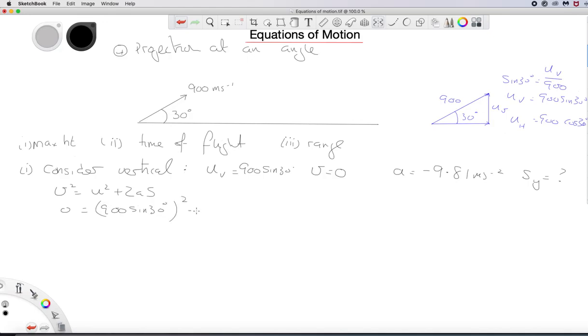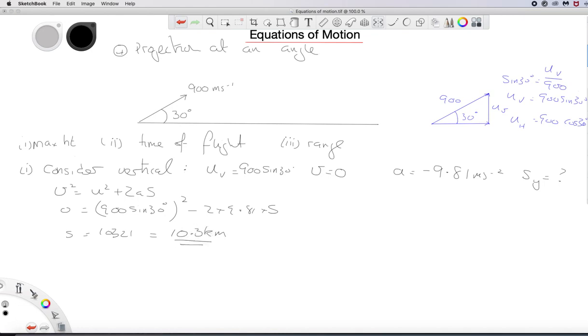Squared minus 2 by 9.81 times S. So we end up taking this over here, it becomes negative, divided by minus 2 times 9.81, and we get a height attained of 10,321 meters, which is three significant figures, 10.3 kilometers.